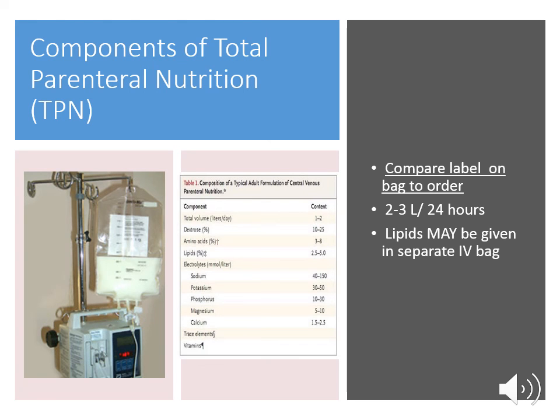Here you'll see an example of a TPN label. Keep in mind that this label in the middle is on the next slide so that you can read it a little easier. Dextrose provides carbohydrates and calories for metabolism, which is why you'll see dextrose. Amino acids provide protein for tissue repair. The lipids provide essential fatty acids and calories for metabolism.